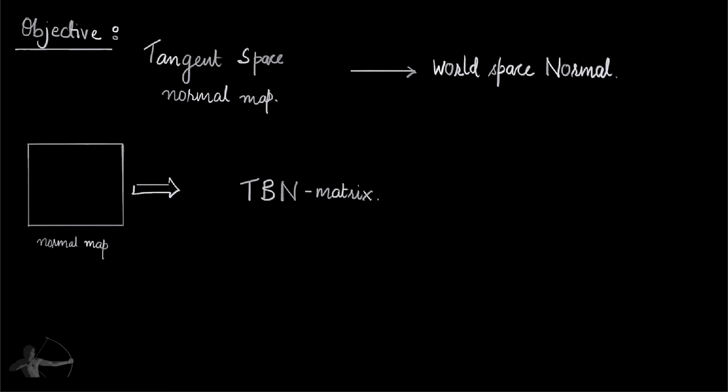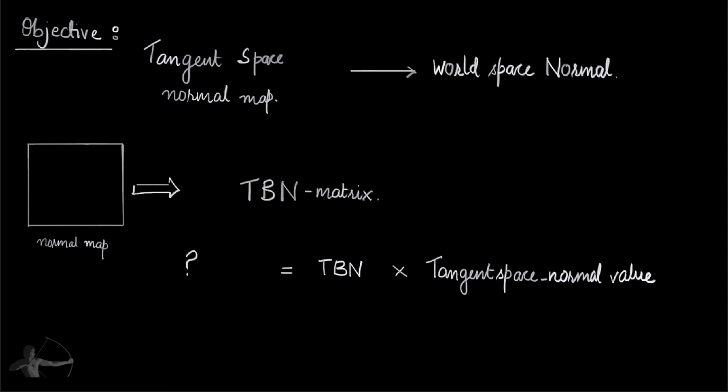Similarly, we will use the TBN matrix to convert one space to another. Now, the question is, when we multiply the TBN matrix with the tangent space normal value, what are we going to get? Is it the world space normal value, or is it the object space normal value?